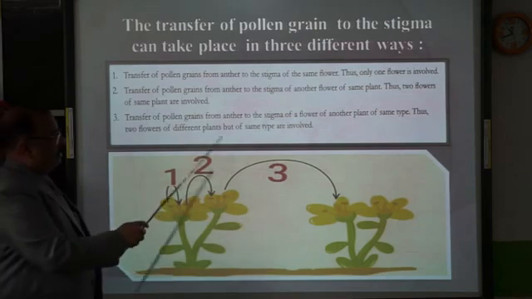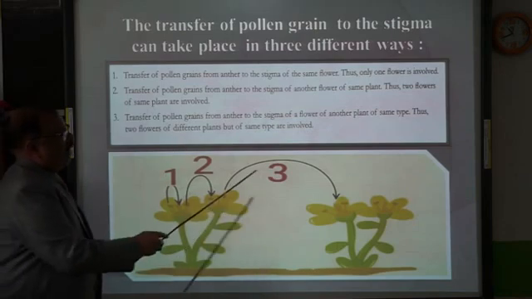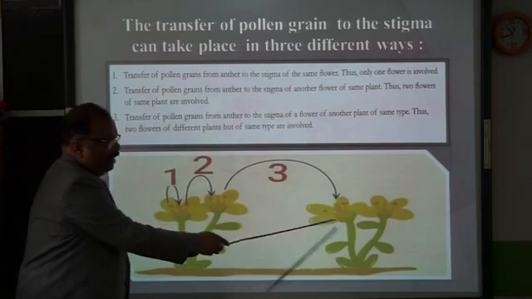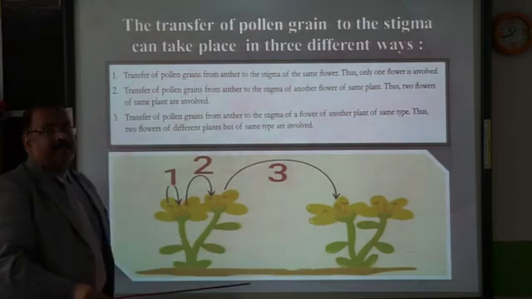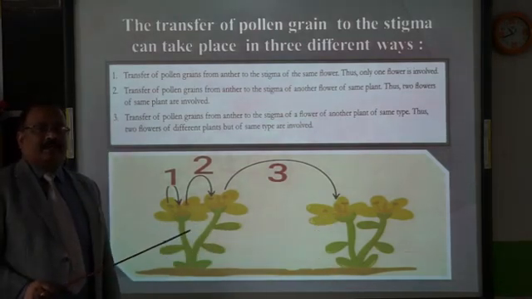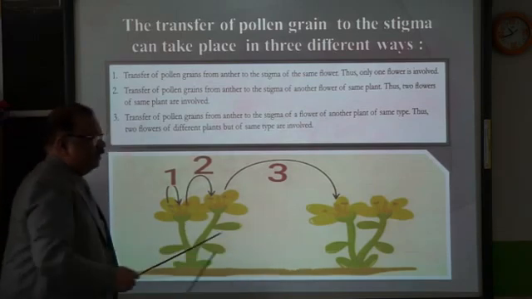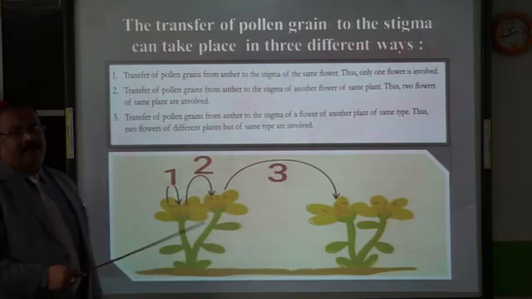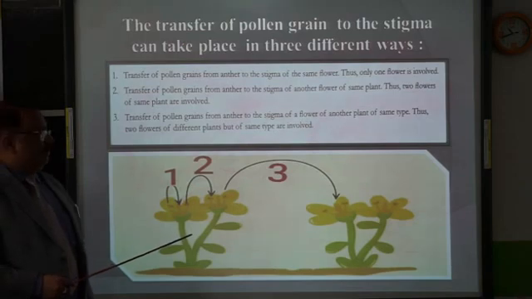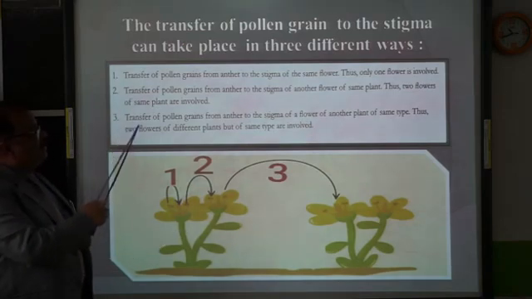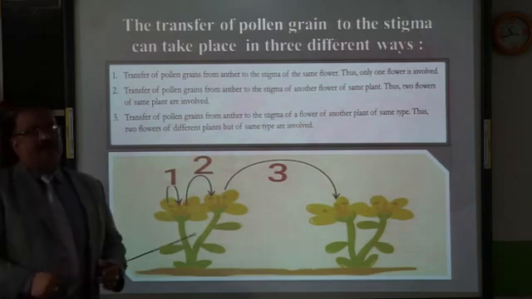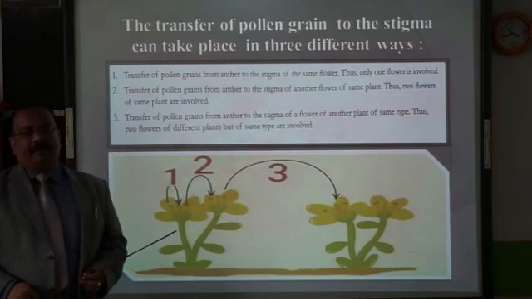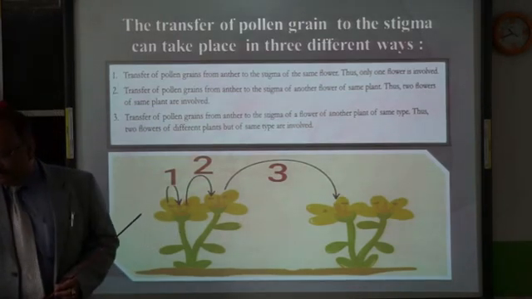And the third one here is from the anther to the stigma of another flower of another plant but of the same species. When you look at these 2 plants, they look same, so they are from the same species. Okay? So these are the 3 different ways in which pollen grains are transferred from anther to the stigma.